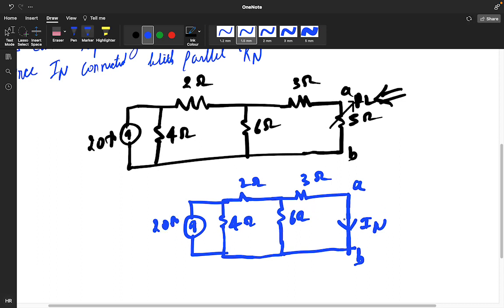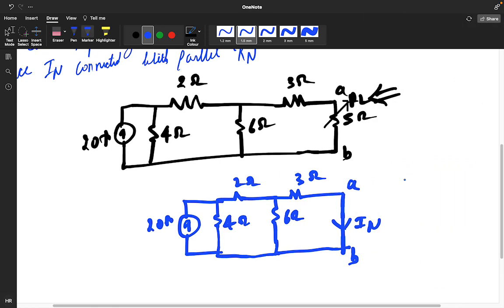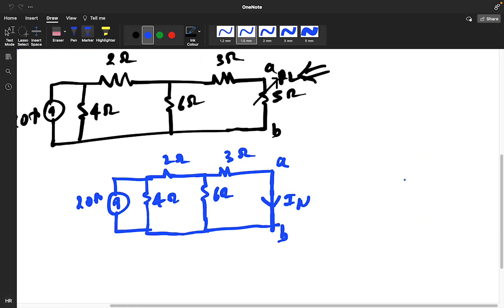So guys, you need to find the value of IN. How will you find it? So see, I'm giving you one trick. Suppose you have a circuit like this.